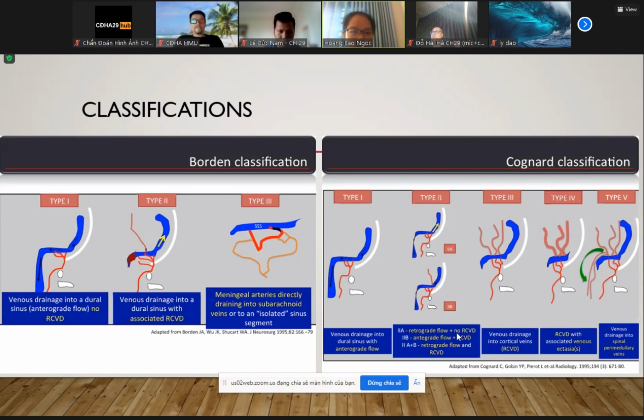The Borden classification is categorized based on the venous drainage, and the Cognard classification is based on the direction of flow in the involved dural sinus, and the absence or presence of venous ectasia.